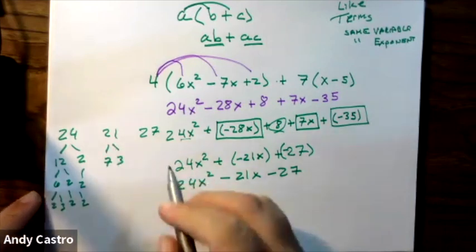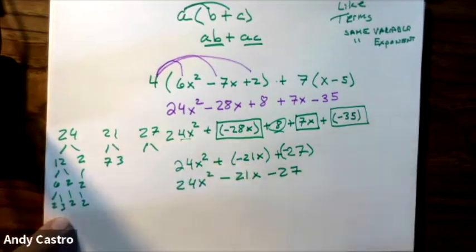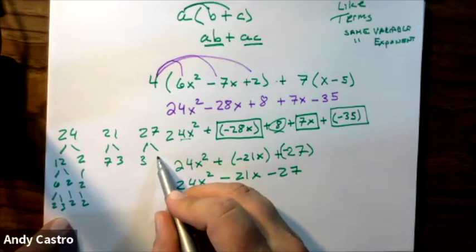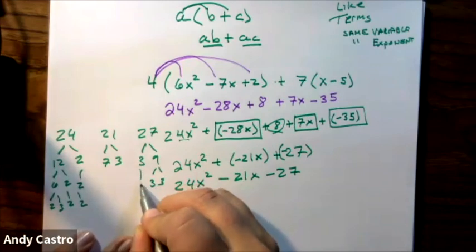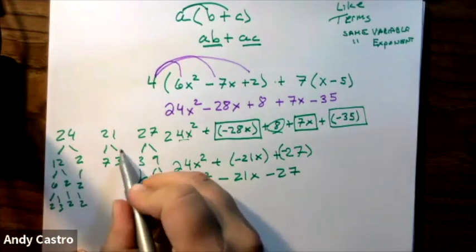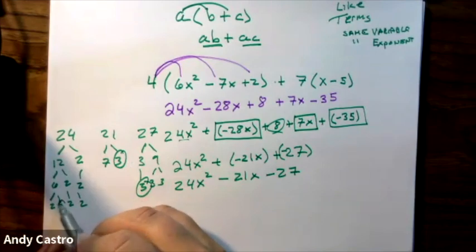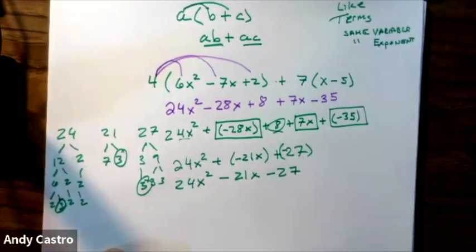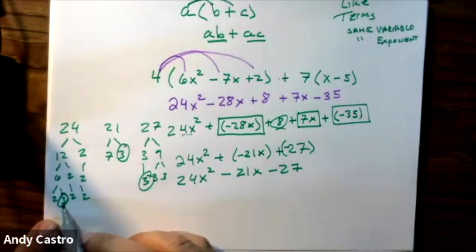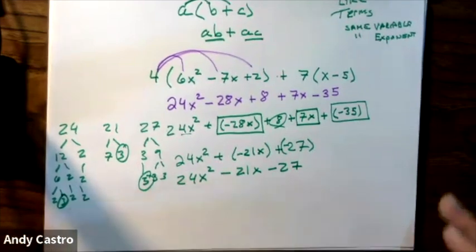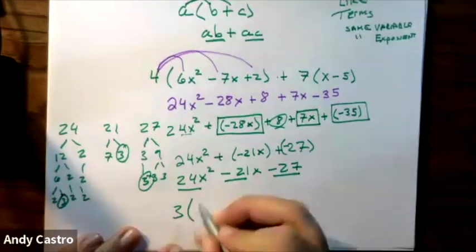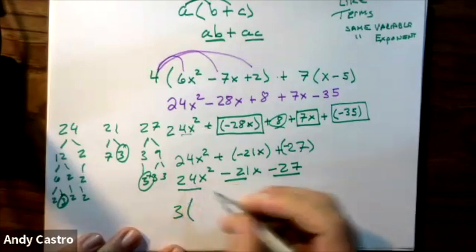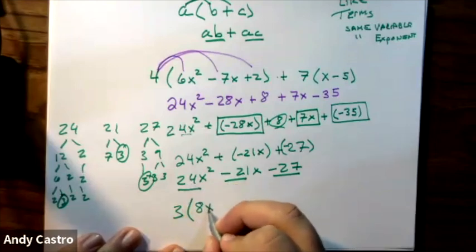21 is 7 and 3. 27 is, let me think about this, 3 and 9, and 9 is 3 and 3. So we can see how we actually have a 3 in each one of these. Out of my 24, if I pull the 3 out, I'm left with 2 times 2 times 2, which is 8. I pull a 3 out of the 24 and I'm left with 8, and then obviously my x squared.